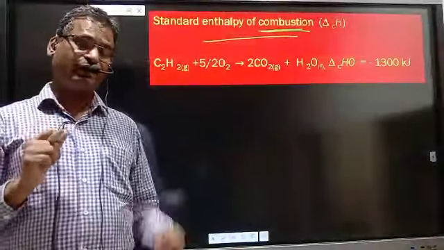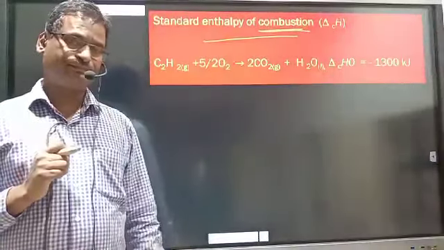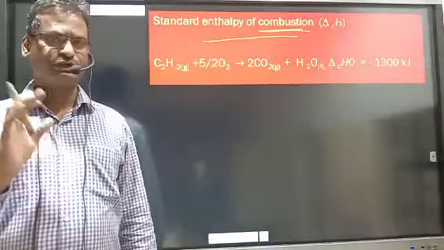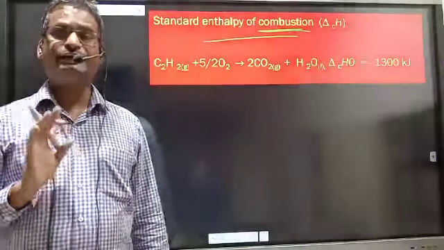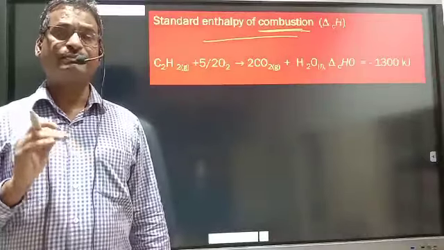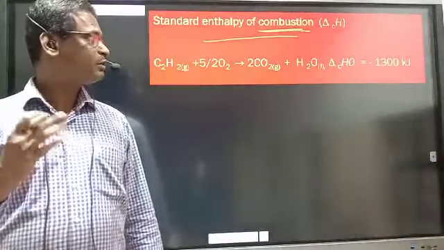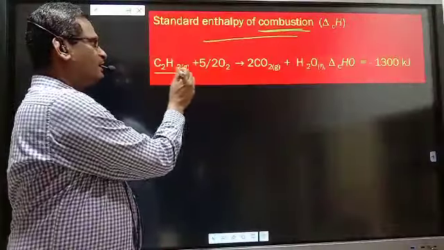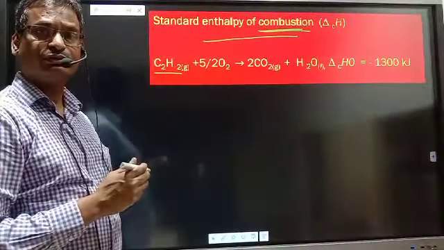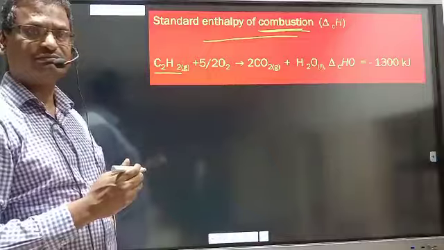Which are the stable oxidation products of burning of substance? CO2 and H2O. If it is the organic matter like methane, it undergoes burning, or this is C2H2, acetylene.